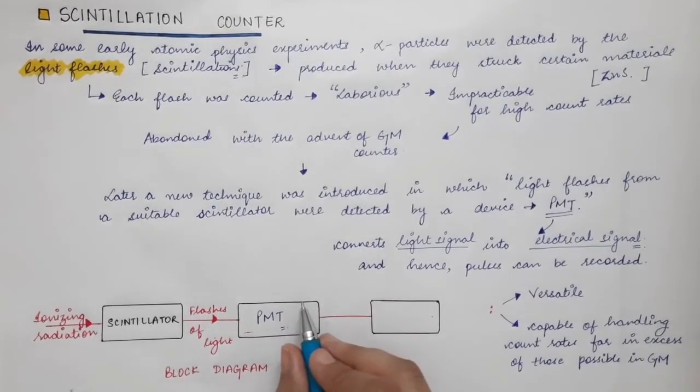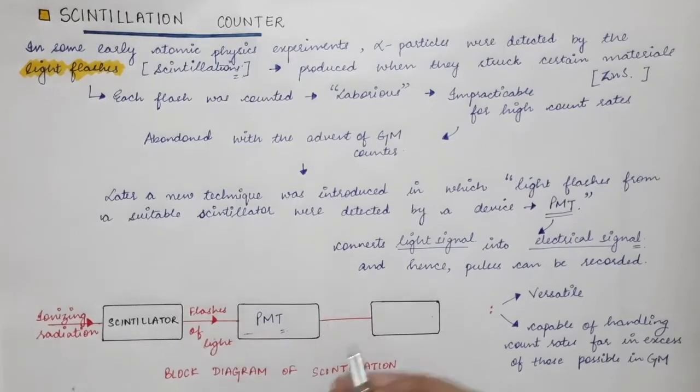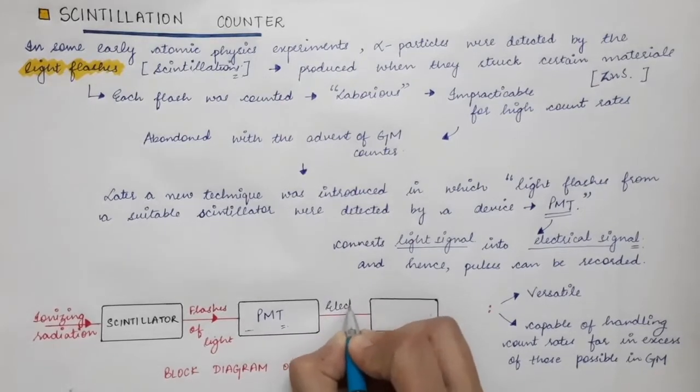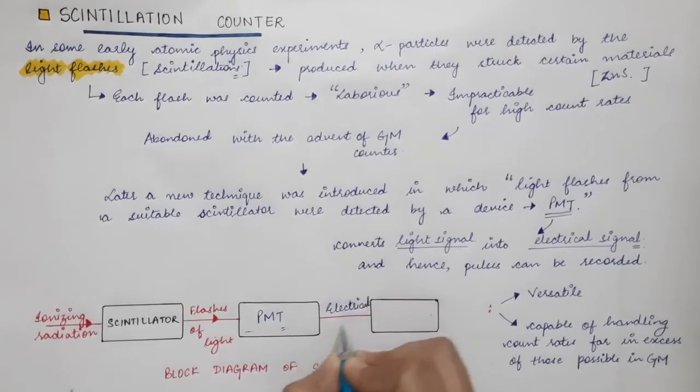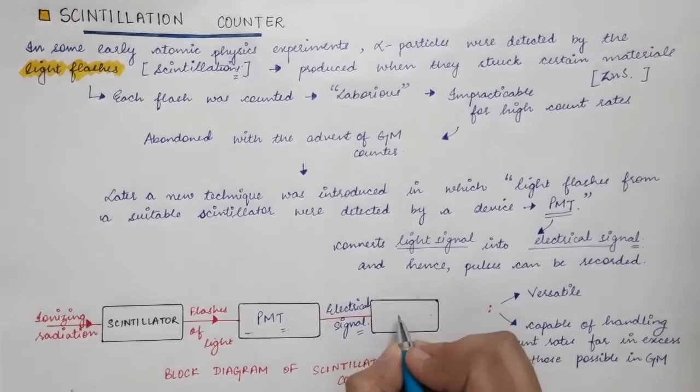Its working we will study further. This photomultiplier tube converts the light signal into an electrical signal, and these electrical signals are counted.